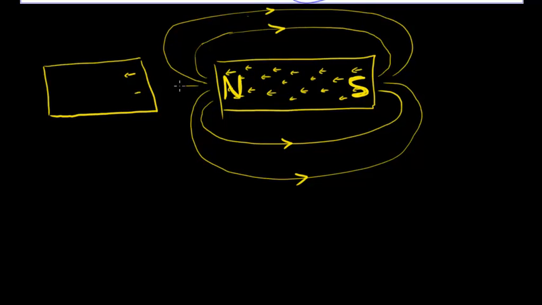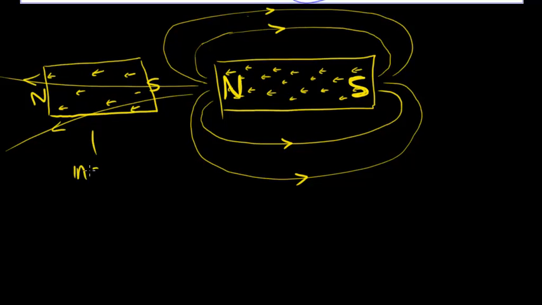Now, the lines of force from this magnet are actually going out like this, so all of these little tiny domains will start to point in the same direction. And that will mean that we create a North Pole here and a South Pole here. We have induced a magnetic effect, induced a magnet into the material.